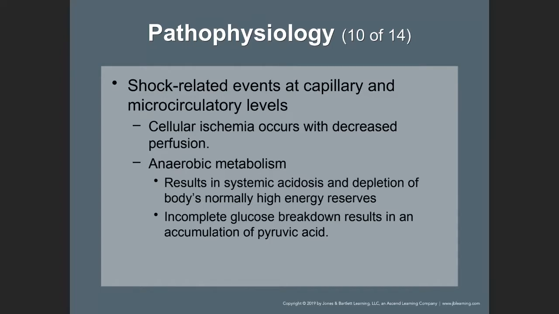The incomplete glucose breakdown will result in an accumulation of pyruvic acid. So you have pyruvic acid when the glucose doesn't break down properly, and you can have lactic acid. Once it's an acid, it's going to cause the pH to become more acidic, leading to a metabolic form of acidosis.